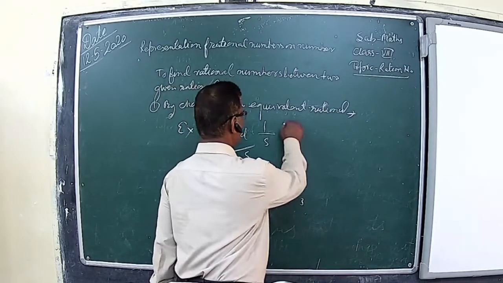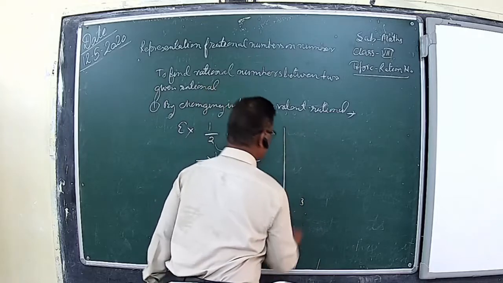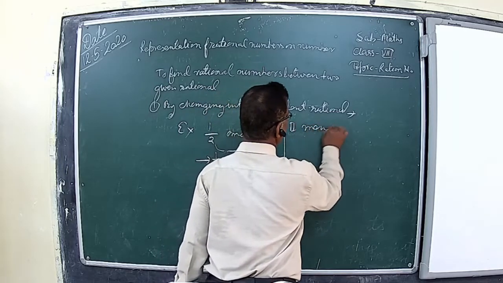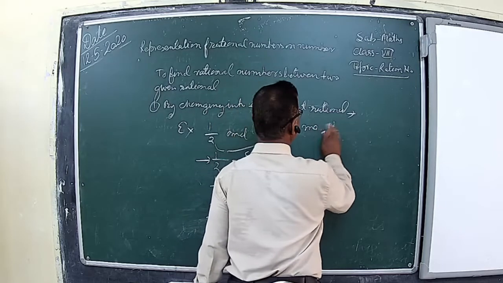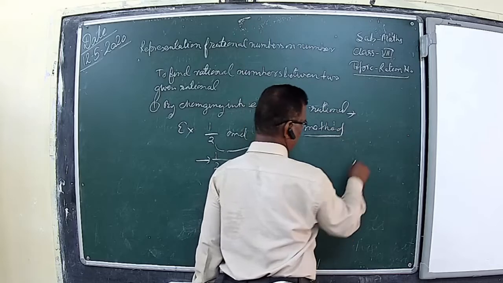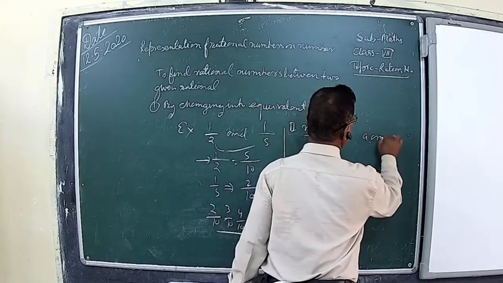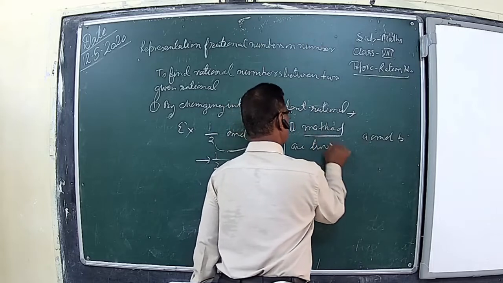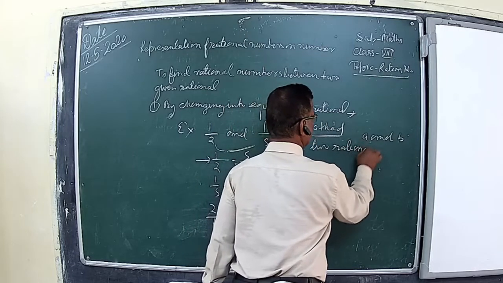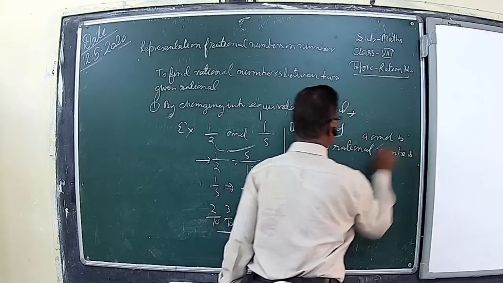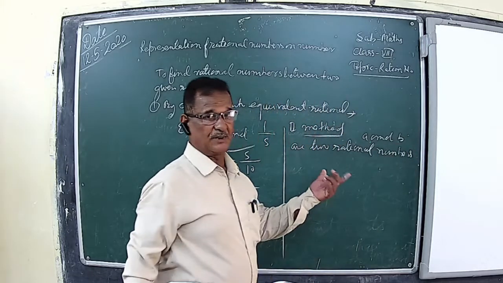Second method: suppose A and B are two rational numbers, then add them and divide by 2.